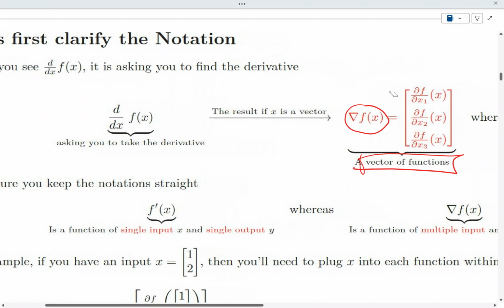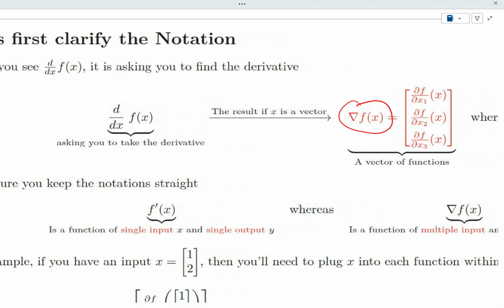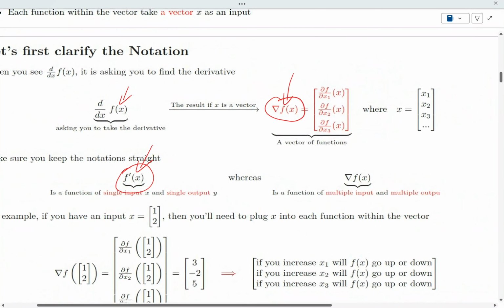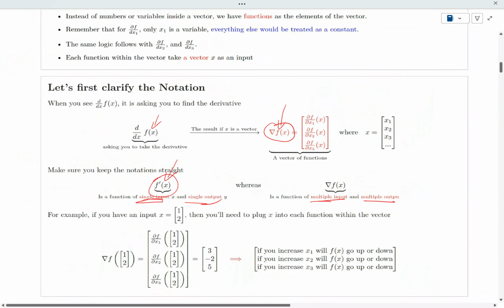So this right here is the result of taking the derivative when your input is a vector, and this is the result of taking the derivative if your input is a single variable. Single input, single output, here. Multiple input, potentially multiple output.